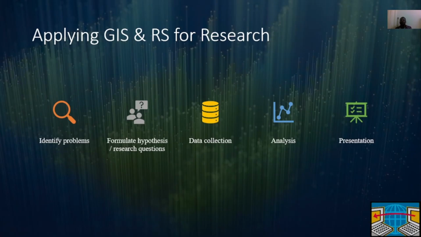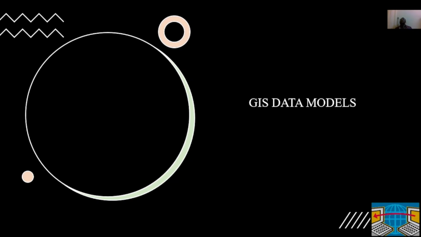This is whereby you can use the GIS software itself to come up with analysis. Then you have the presentation. You can use either a dashboard or WebGIS to present your findings. Then you are good to go. As I said at the beginning, GIS is nothing without data, and data is also nothing without GIS.